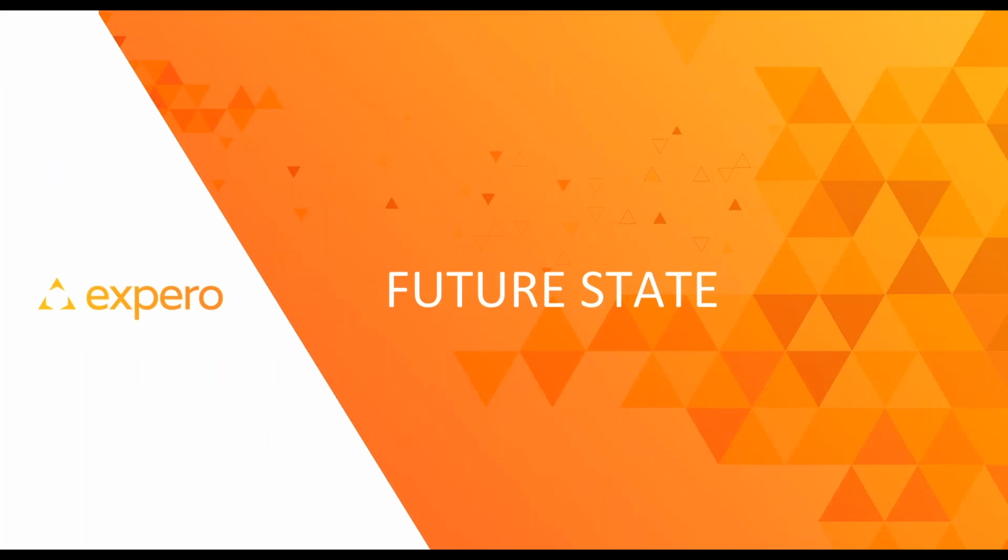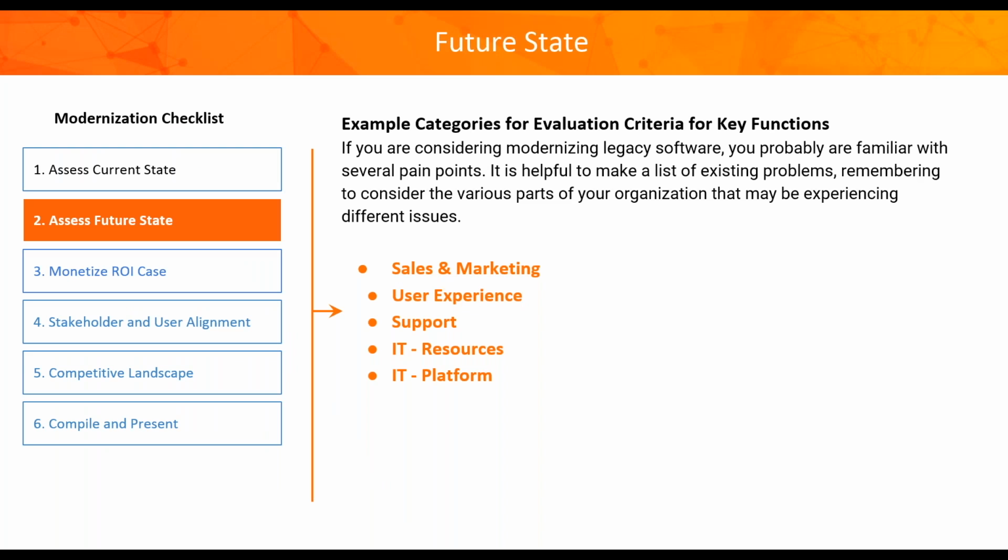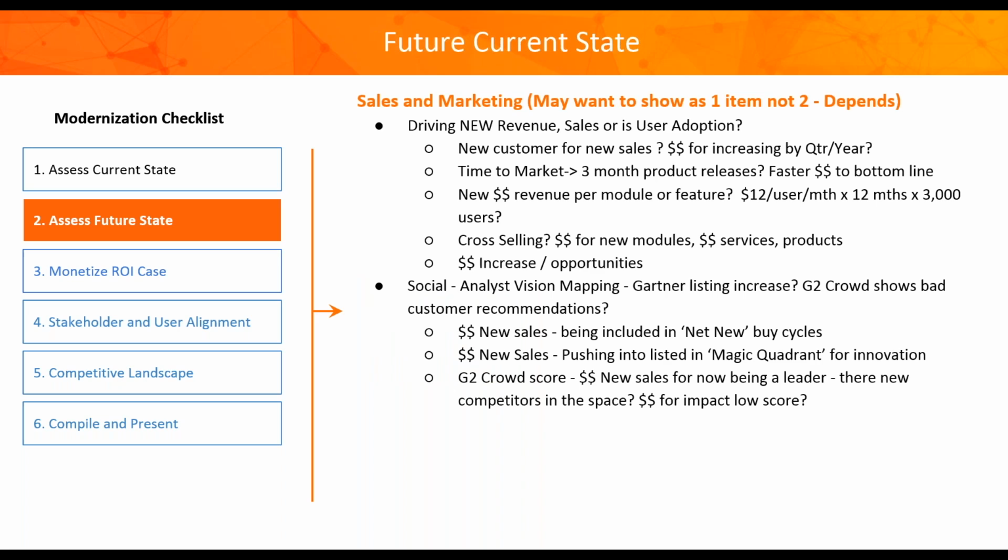Okay, so the next big category is the future state. In this case, we're going to cover some of the same categories, but we're going to notice a few things that add on top of this from what we're going to get in our future state. Same categories: sales, user experience, support, IT, and platform. Okay? In this case, is it the flip side?